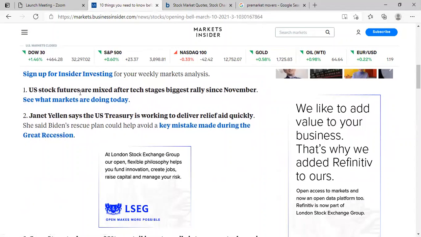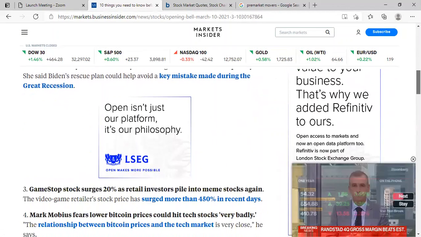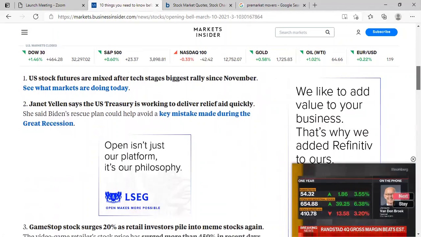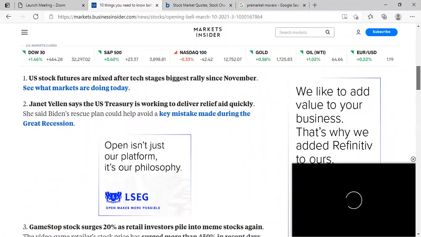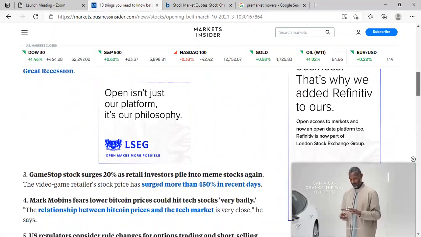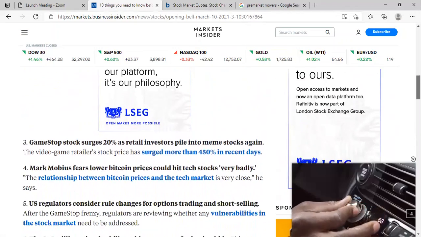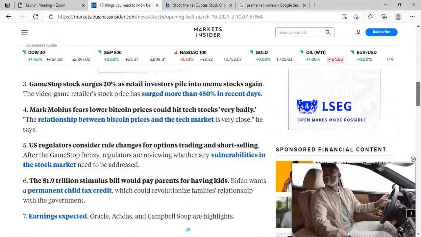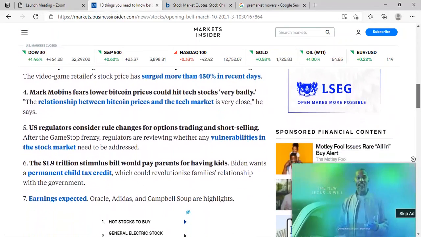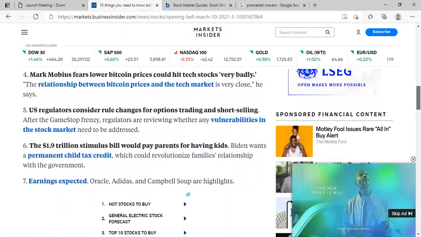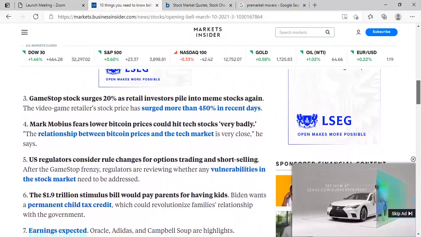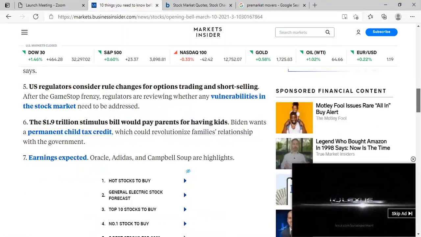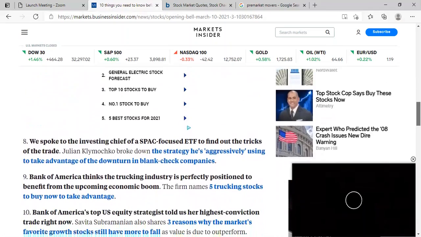You see that stock futures are mixed. You see what's going on with tech. Tech is having a rough time this week because of these bonds and stuff, and it's just weighing on tech heavily. GameStop still going on that crazy, unfounded run. And yeah.